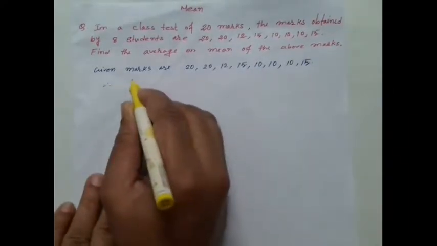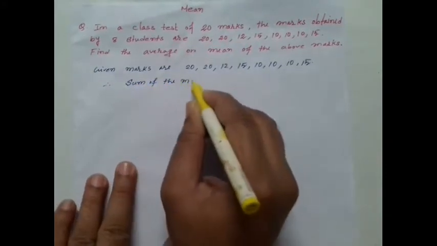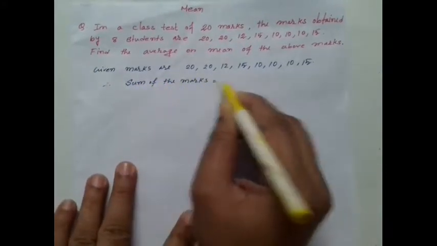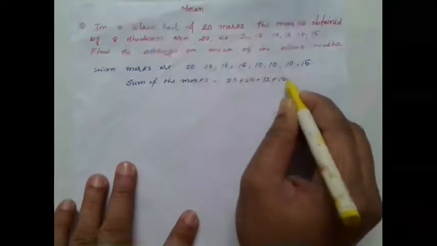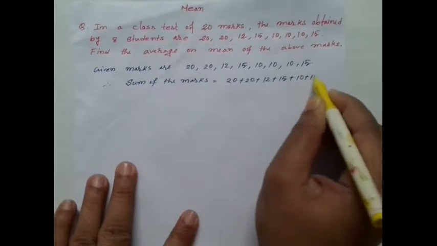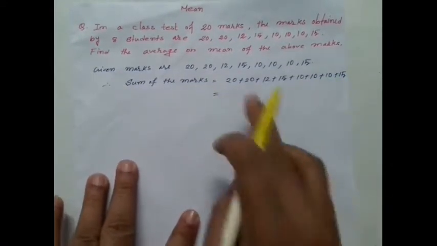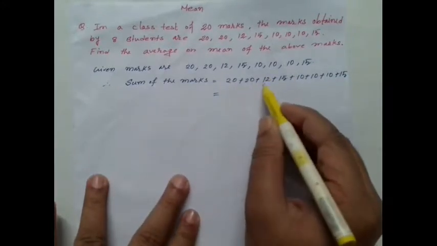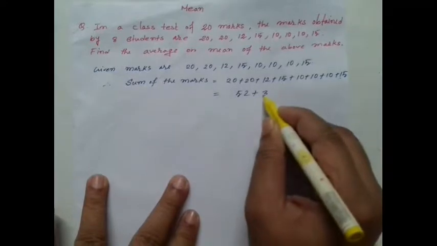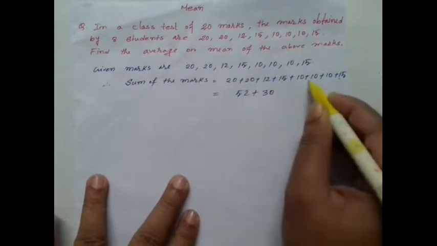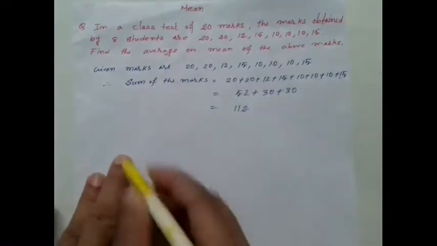Therefore, the sum of the marks equals 20 plus 20 plus 12 plus 15 plus 10, 10, 10, 15. So 40, 52, plus 30, 15, 15, 30 and again 30. So we are getting 112.